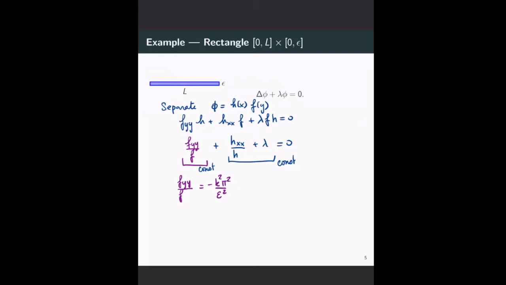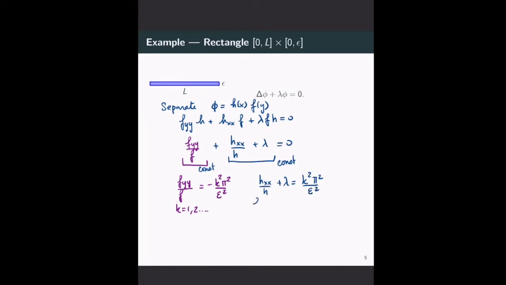And here k equals 1, 2, etc. Now I stick this constant into the other side, so I have hxx over h plus lambda is k square pi square over epsilon square, same constant.